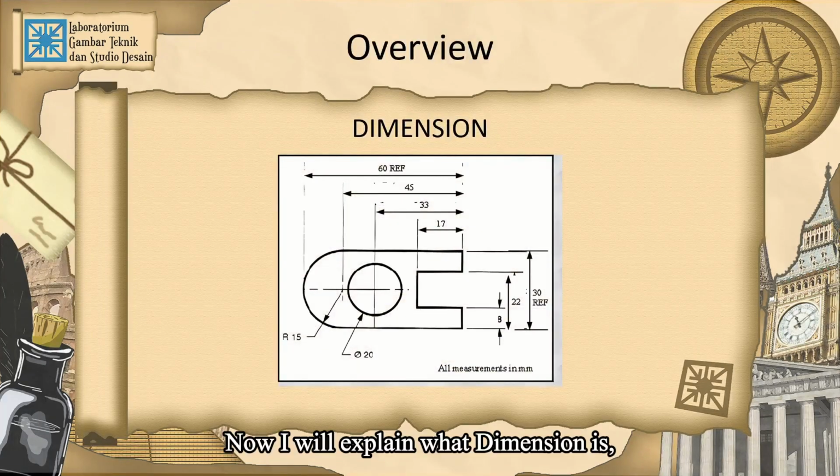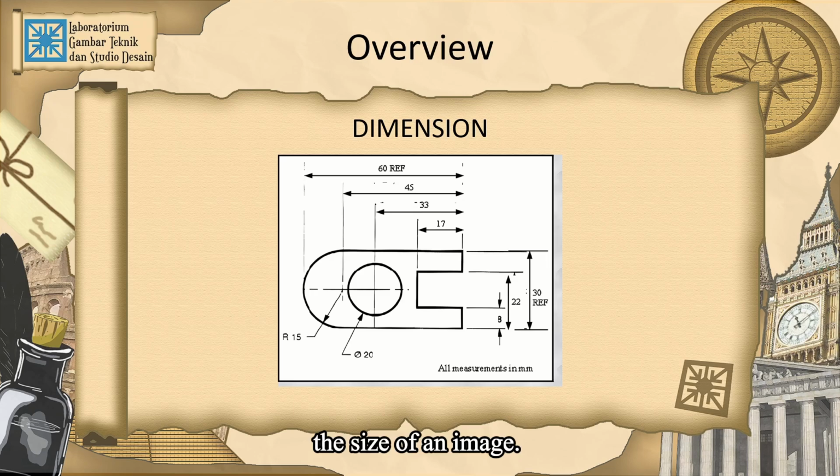Now, I will explain what dimension is. Dimension or dimensioning is the process of annotating the size of an image. Dimensions can be length, width, height, depth, and so on. In this module, we will learn 6 types of dimensions.